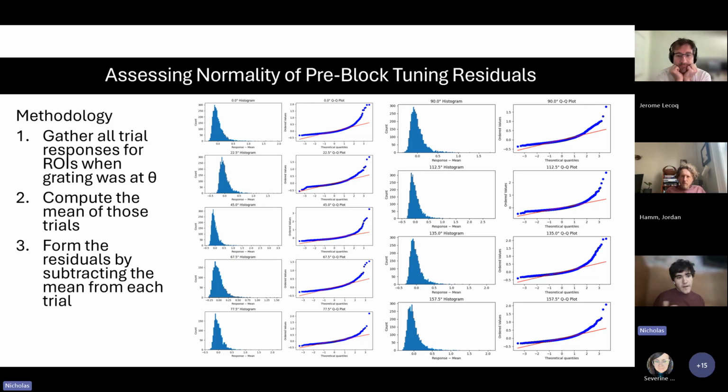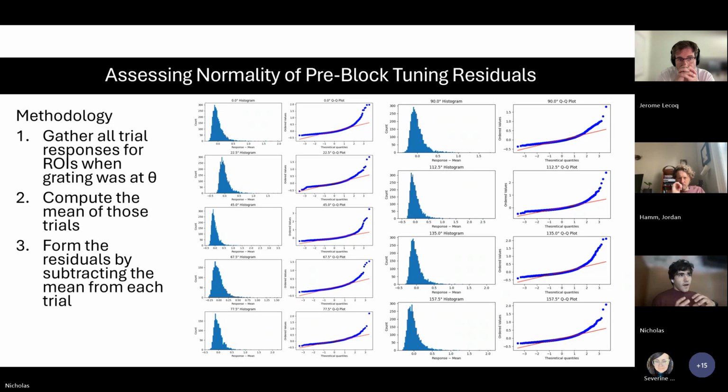Before continuing on my analysis, I wanted to see if ROI responses to gratings followed some kind of normal distribution. So what I did was I took the mean response of each ROI for 0.5 seconds after a stimulus presentation, which could include the 0-degree stimulus presentation, the 45-degree, and so on.